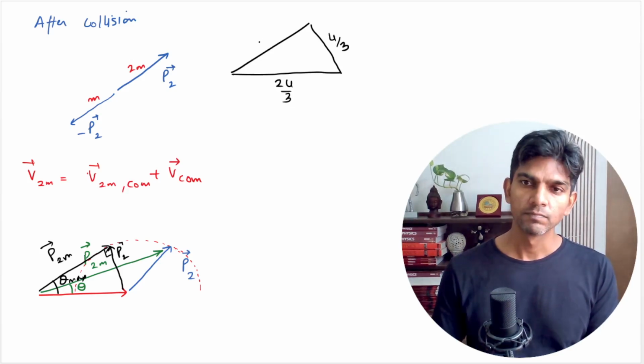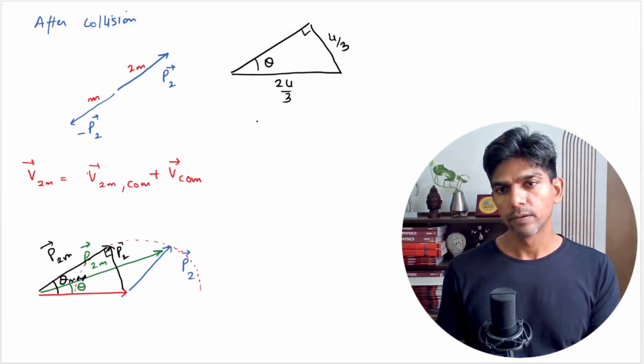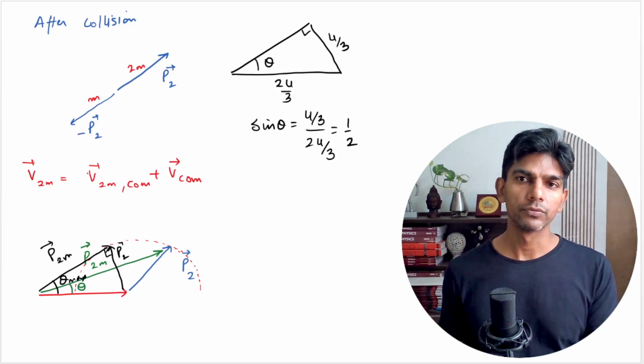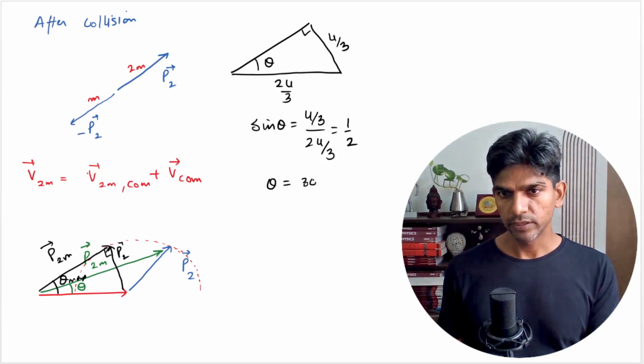And this is 90 degrees and this angle is theta. Now from this right angle triangle, sine theta will be perpendicular upon hypotenuse. So that will be u by 3 divided by 2u by 3, which comes out to be 1 by 2. So theta will be 30 degrees or pi by 6.